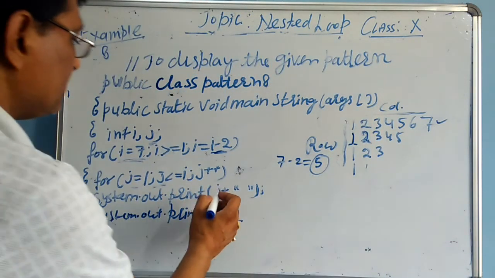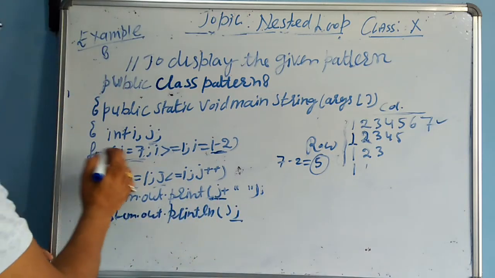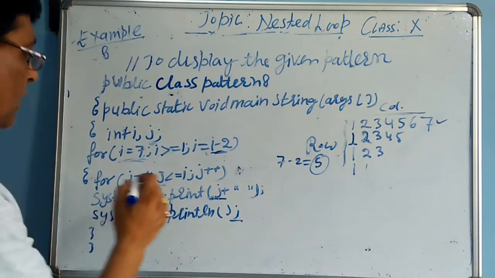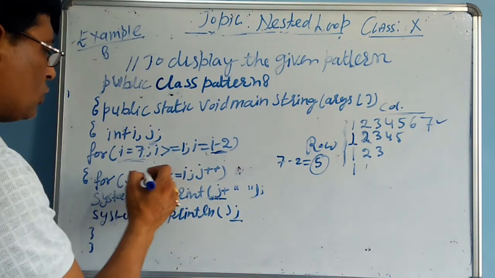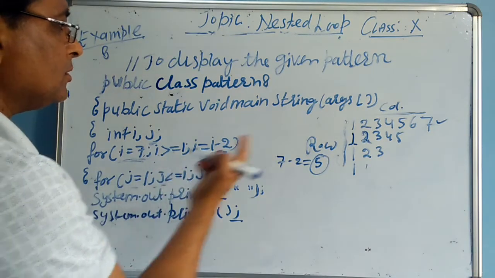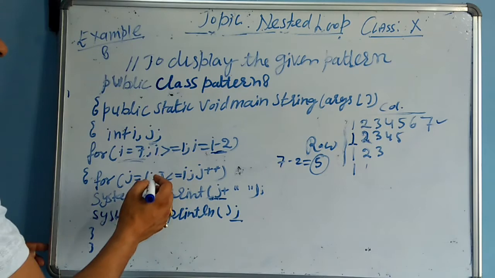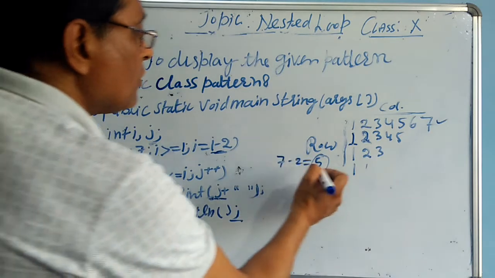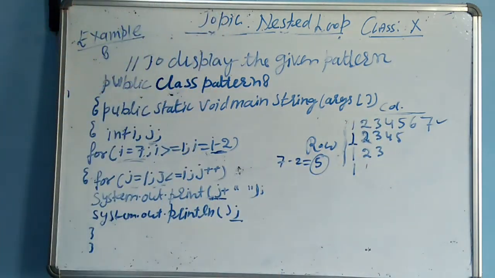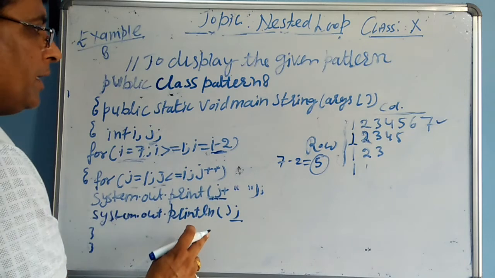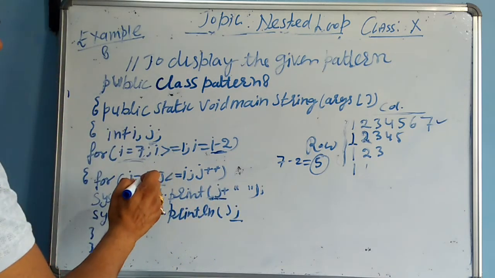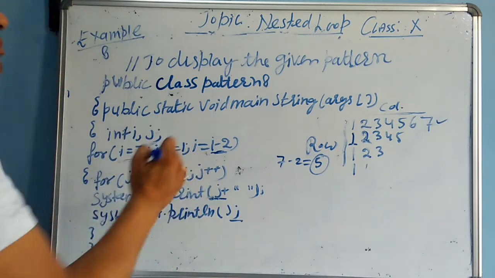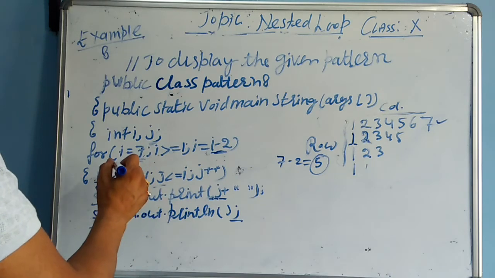Then it will print, and after that it will check that i is 5, j is equal to 1 and j is less than or equal to i. Clear? Next iteration will start, so now it will print 3, then 4. The condition is satisfied, and again only the inner loop iterates inside the outer loop.